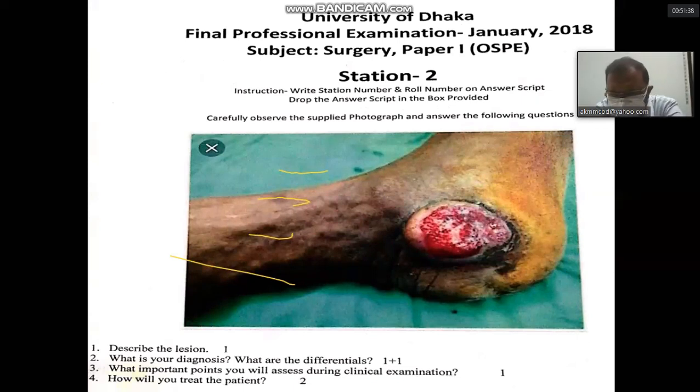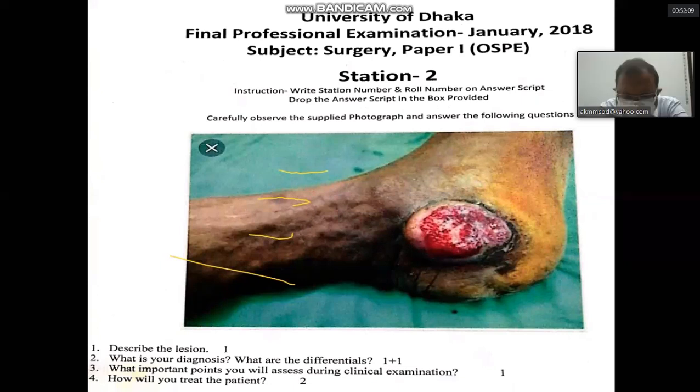It is non-healing because granulomatous tissues can be seen. Very good. And skin pigmentation can be seen around the ulcer, like ischemia. White sloughy material can be seen.